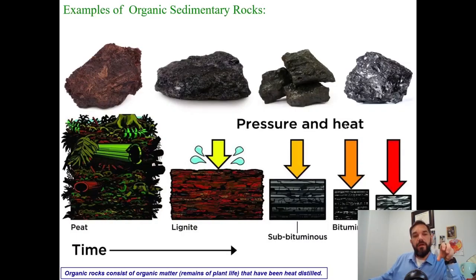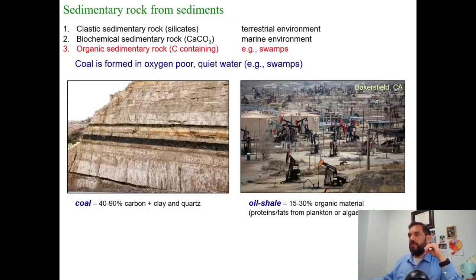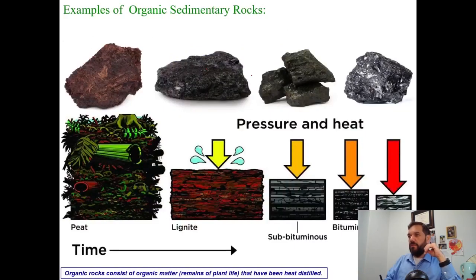Organic sedimentary rocks, the main rock of that family is coal. So coal is a rock that is made up of vegetation, which over time is heat distilled. So we start off with plant and vegetation matter.